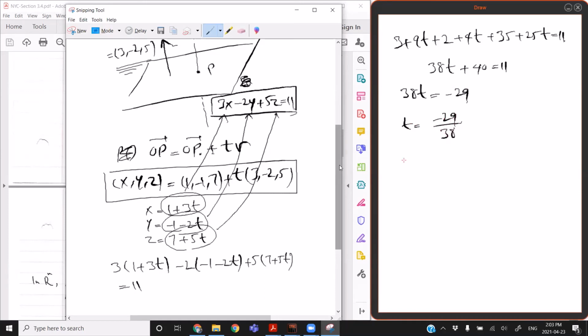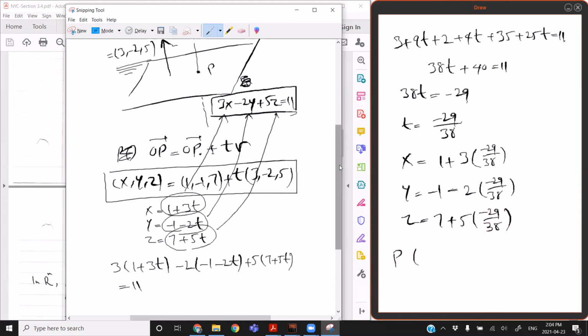Okay, so what is x? X is going to be 1 plus 3t, so I replace t with this. Y is minus 1 minus 2t. And z is 7 plus 5 times t, negative 29 over 38.